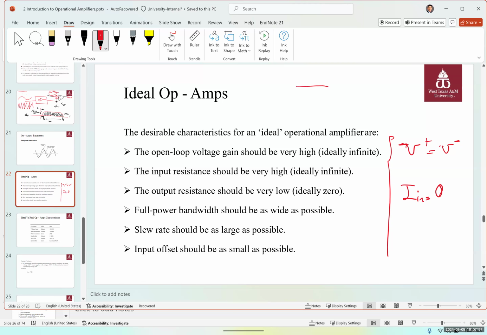So, for example, if I have an op-amp which has a voltage source connected to it as 2 volts, what is the voltage here? I'm going to call it Vn.